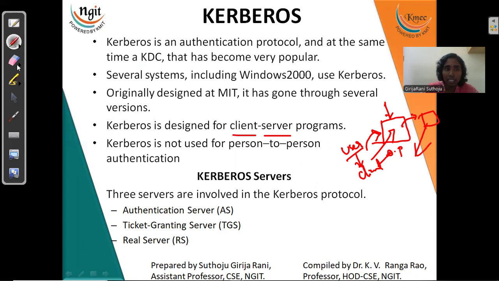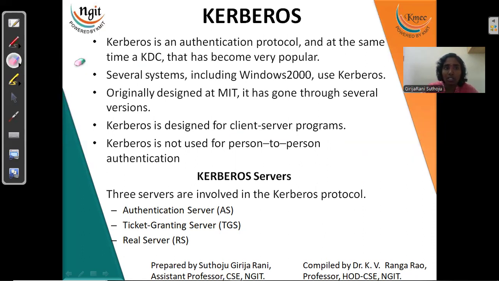To declare here, Kerberos is not a protocol which is dealing with person to person. It is from client to server. This was designed by MIT to provide authentication as one of the main services provided by this protocol.